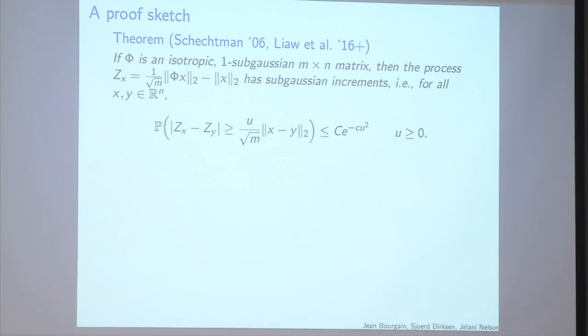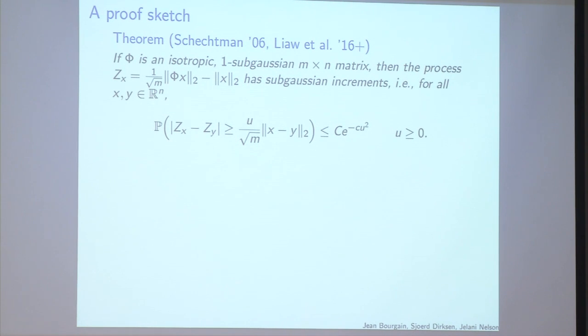This is something you can show. And actually, Schechtman also already proved this in 2006 in a paper for Gaussian matrices, but he heavily used all sorts of properties of Gaussians, like rotational invariance, that you don't have for sub-Gaussians. So to me, it was sort of a little surprise that this also works for this more general setting.